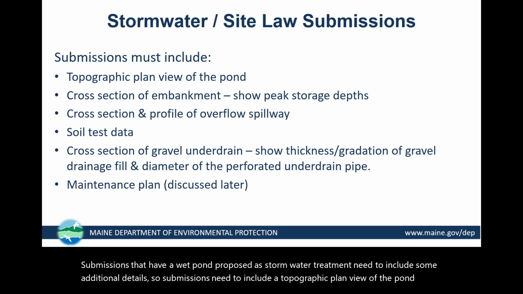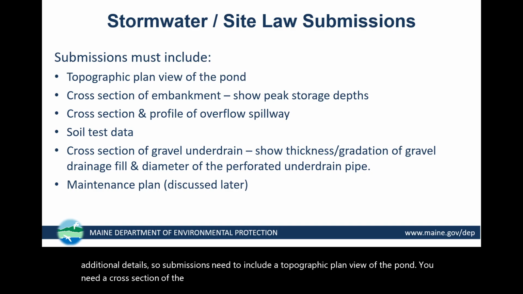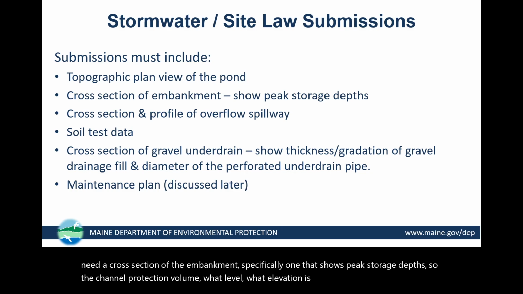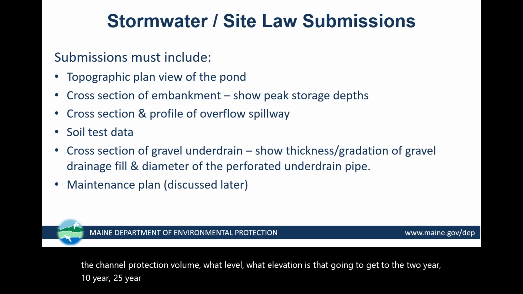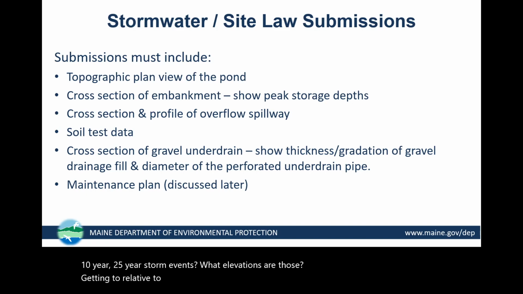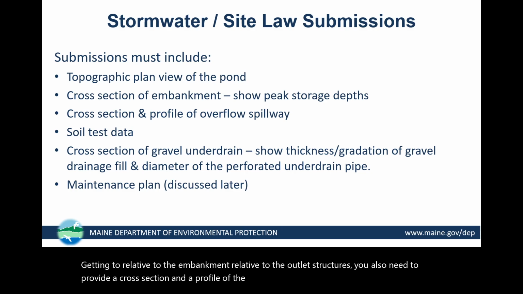You need a cross-section of the embankment, specifically one that shows peak storage depths. So the channel protection volume, what elevation is that going to get to? The 2-year, 10-year, 25-year storm events, what elevations are those getting to relative to the embankment, relative to the outlet structures? You also need to provide a cross-section and a profile of the overflow spillway.